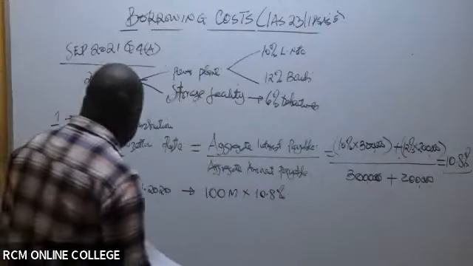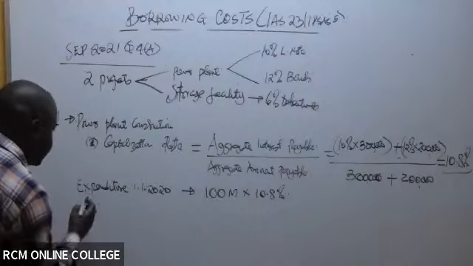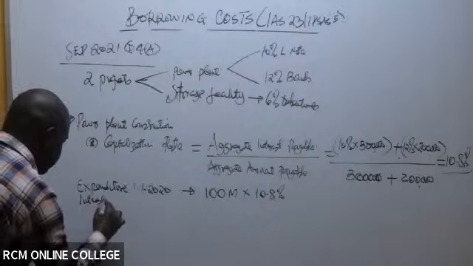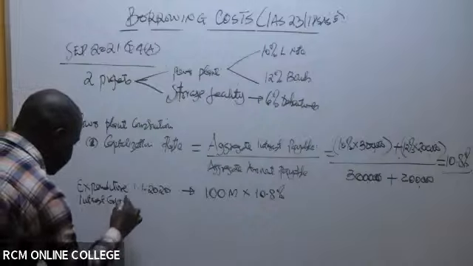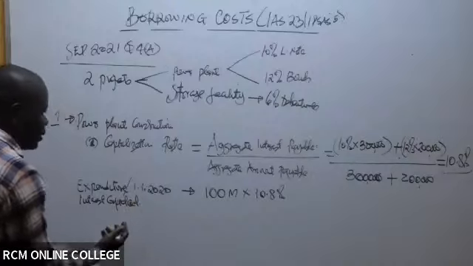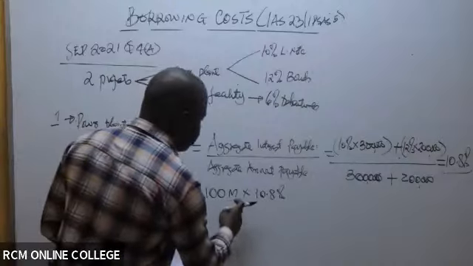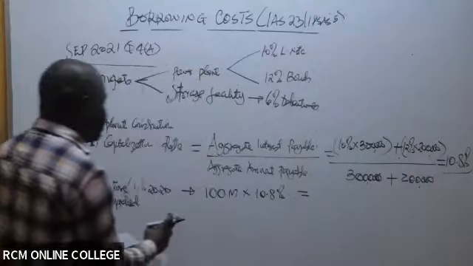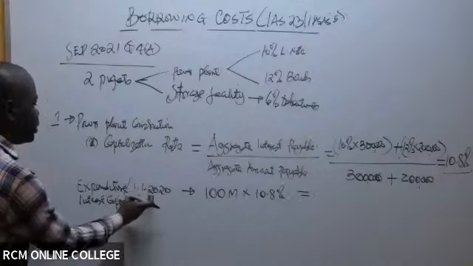So the interest to be capitalized will be 100 million times 10.8%.